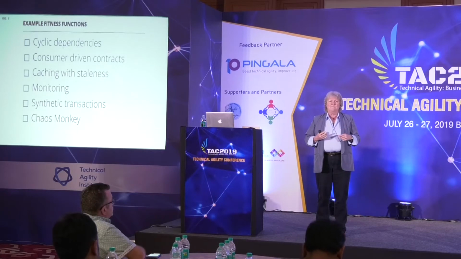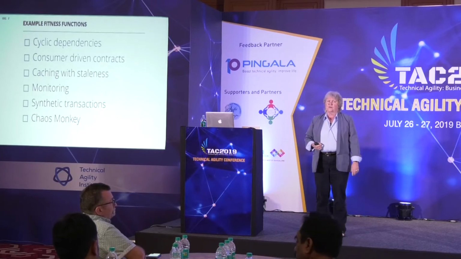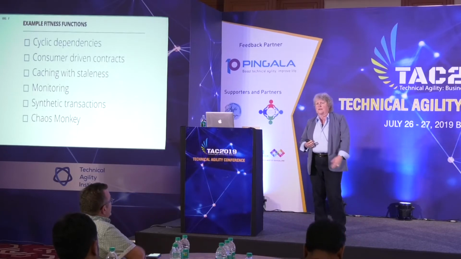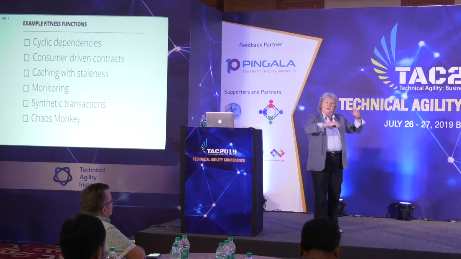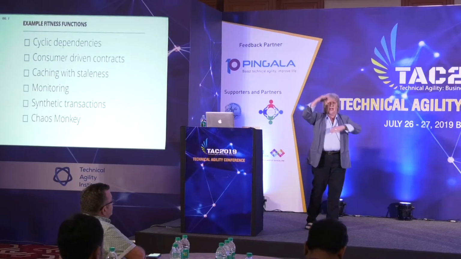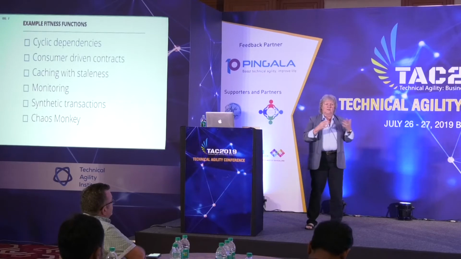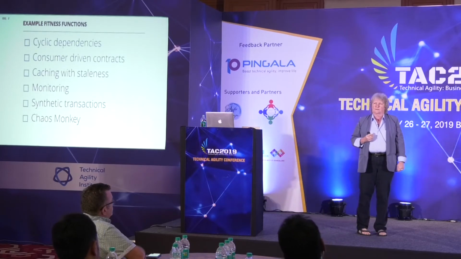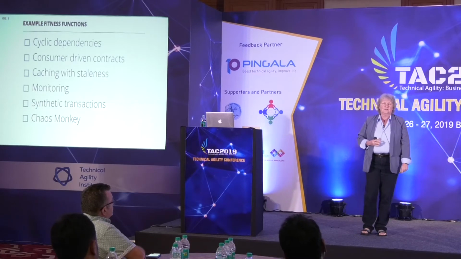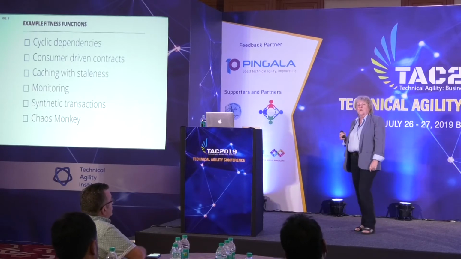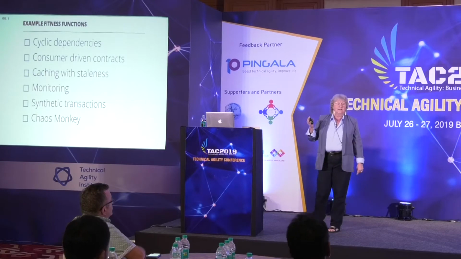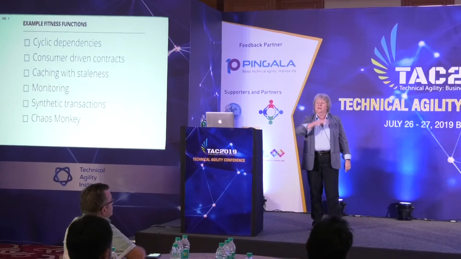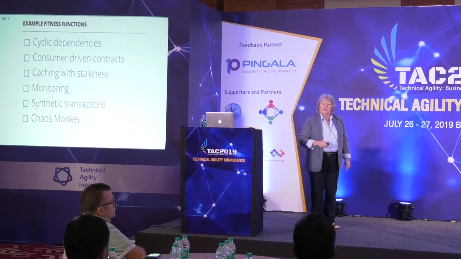You don't want people having to do code reviews for things like cyclic dependencies and respecting the boundaries for packages that we put in. There are static checks that can do all those, or there are online checks that can do these things. Put those things in your fitness function and then stop worrying about them, because you know that you will never have a system deployed that violates any of those constraints.